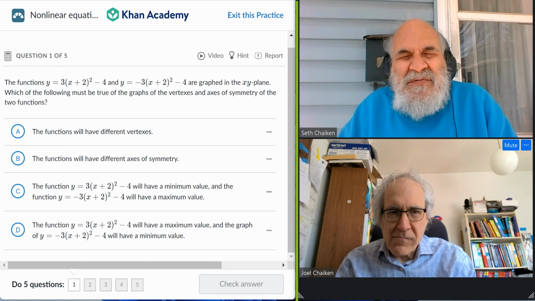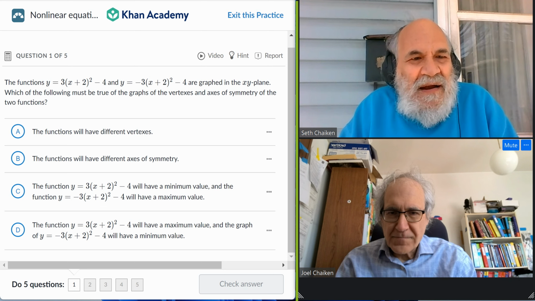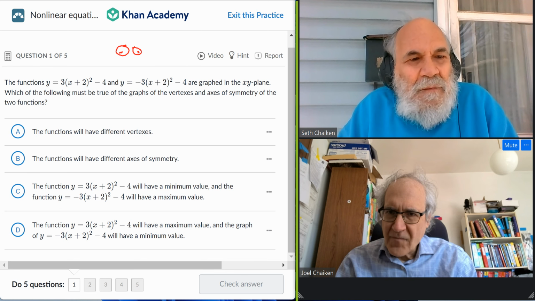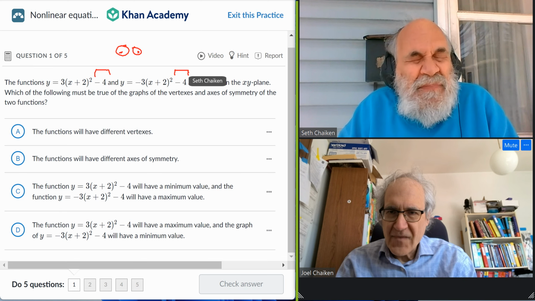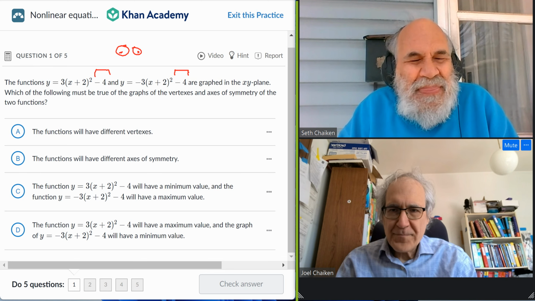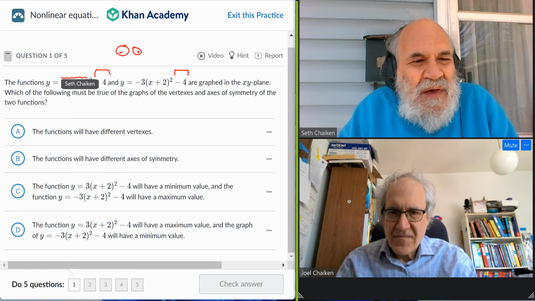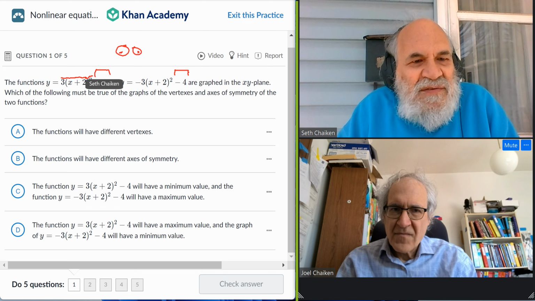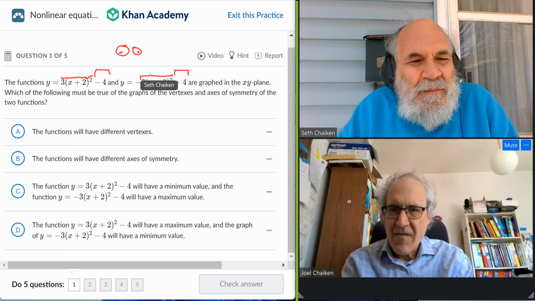After reading the three options, my approach would be to look at the equations and see what is the same about them and what's different. Both of them end with -4, and both of them have a term 3 times the quantity x minus 2 squared.